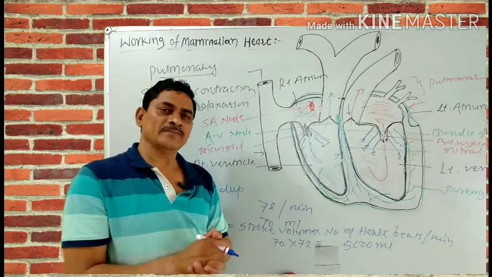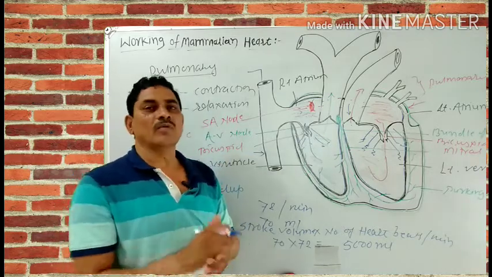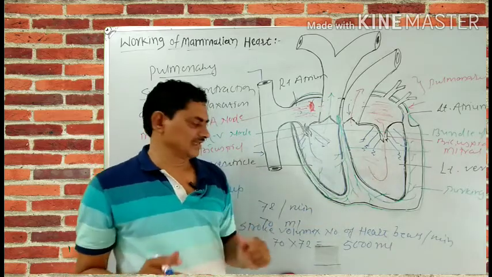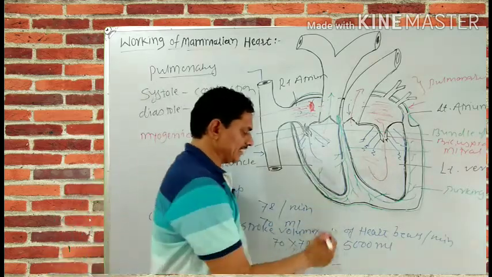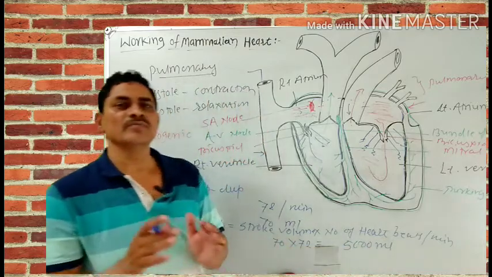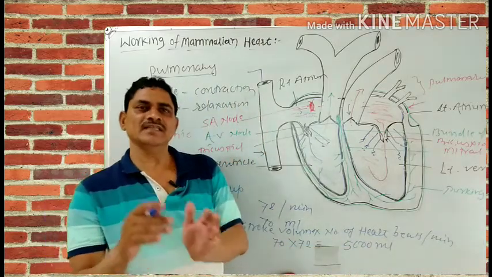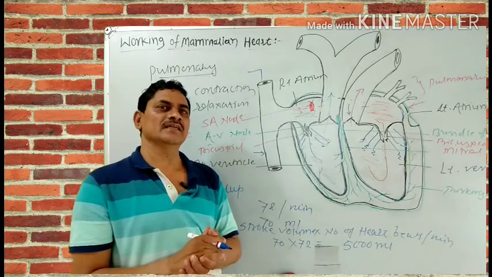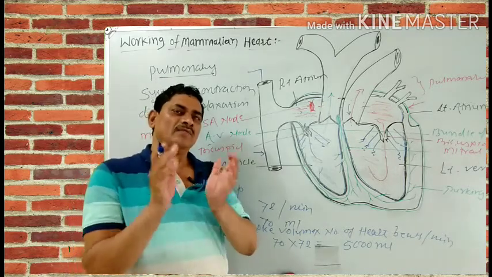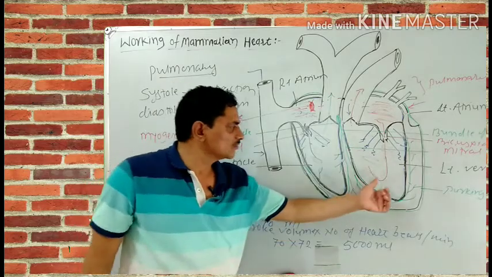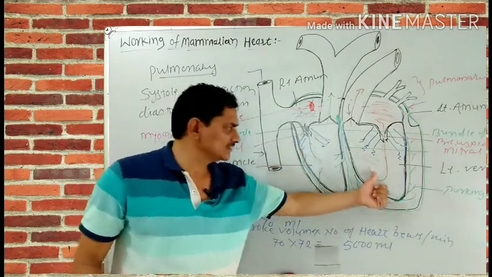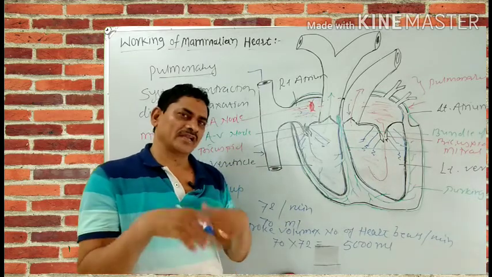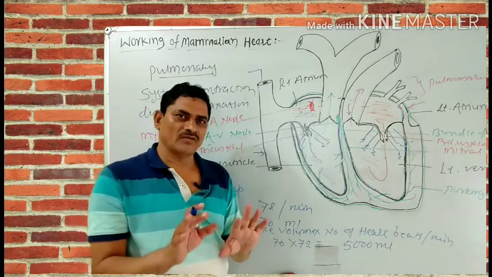Then we can calculate how much blood may pass through this chamber in 1 hour: 5000 into 60 minutes, and here near about 300,000 ml of blood is passed through this chamber of the heart in 1 hour. Then we can calculate for 24 hours.